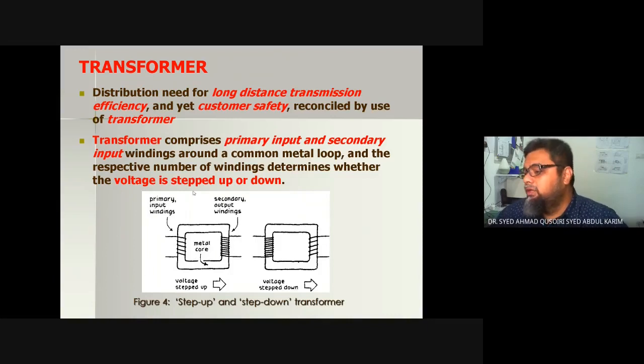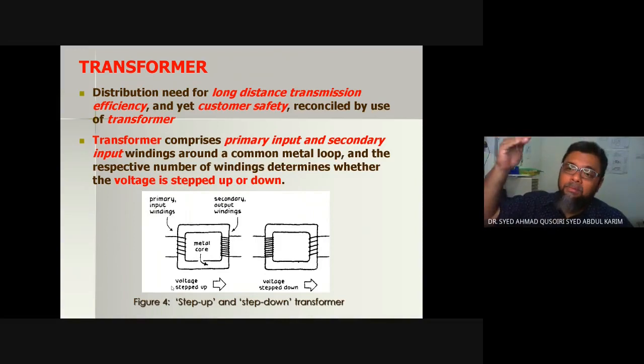Okay. So if it's a step up transformer, dia punya loop of dia punya input is less than the output loop. That means that it is stepping up the voltage. If the voltage is being stepped down, it's the other way. The input loops are a lot more than the output loops.